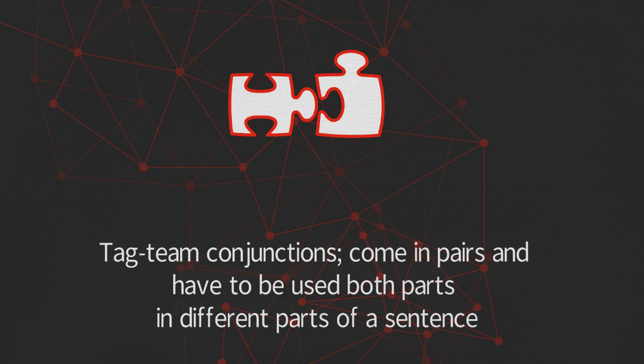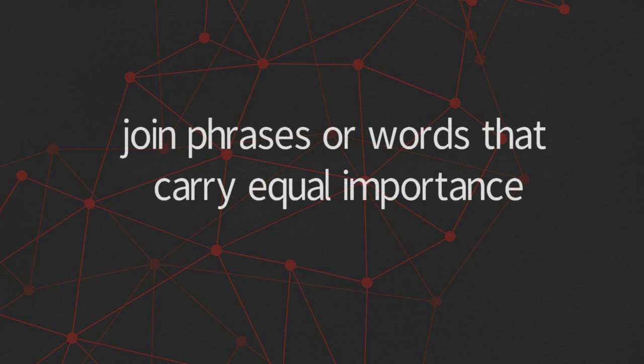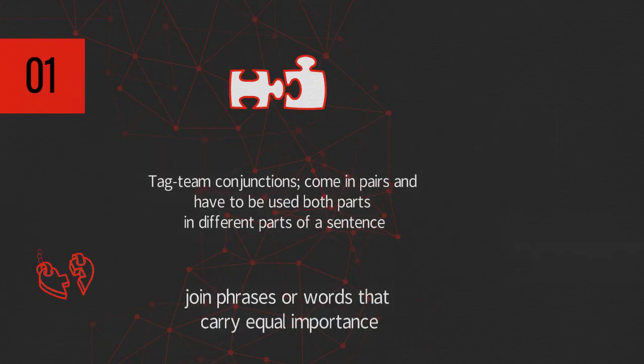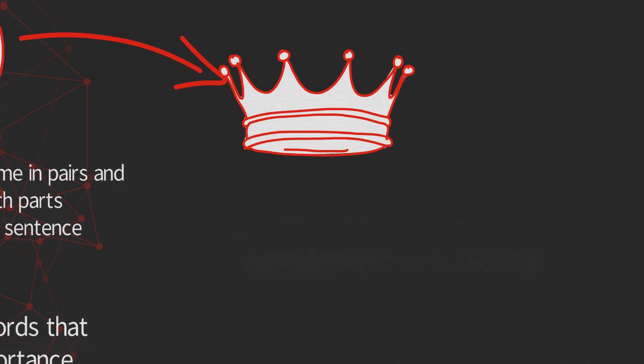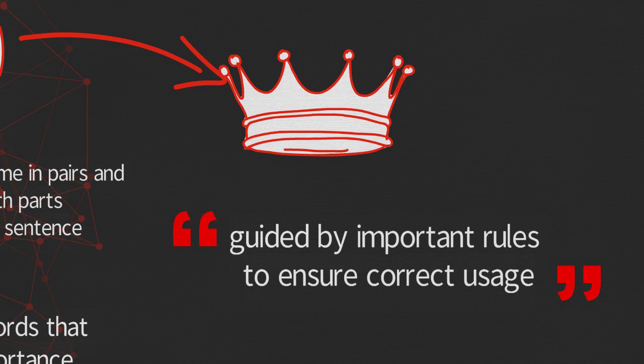When we use correlative conjunctions, both parts of the conjunctions cannot be left out. Otherwise, a sentence will lose its meaning. Additionally, correlative conjunctions are used to join phrases or words which carry equal importance. Just like any other grammar items in English learning, the use of correlative conjunctions is guided by important rules which help to make sure we use the grammar items correctly.